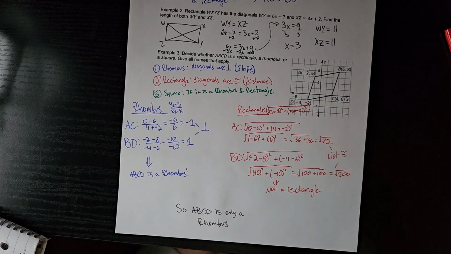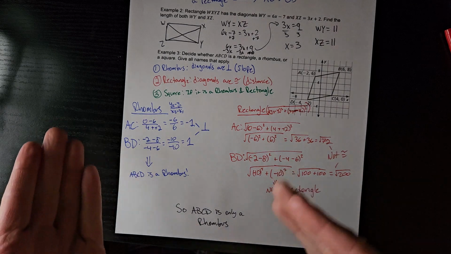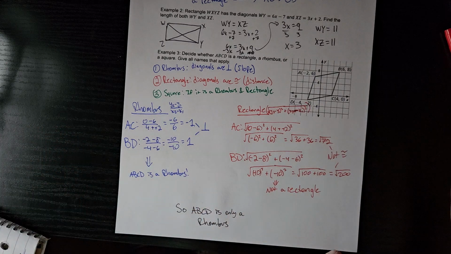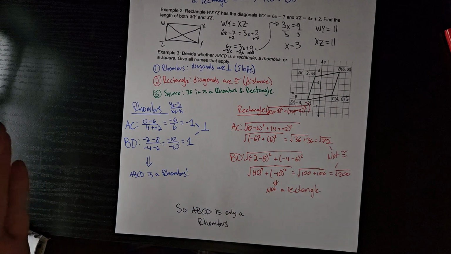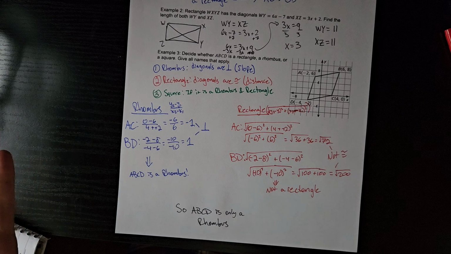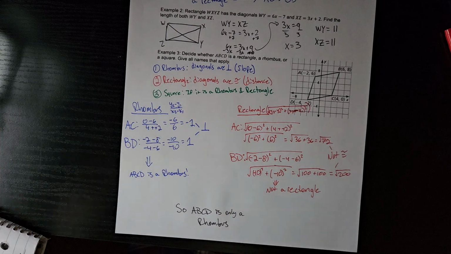Yeah, you have to check. You have to do both because I have to know if this is a square or not. So you have to do the slope of the diagonals and find the distance of the diagonals. You have to do both. It just turns out in this case that it is only a rhombus.